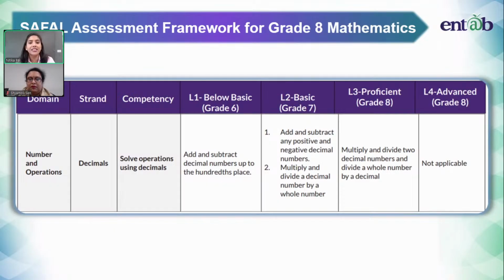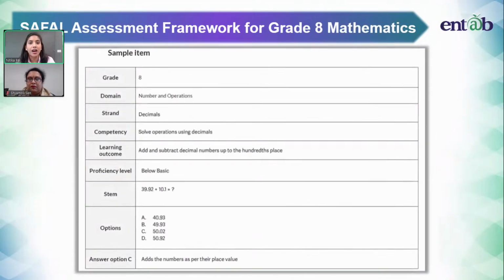Now let's look at a simple test item aligned with the same domain, strand, and competency. This particular example on your screen shows how SAFAL's framework links competencies, learning outcomes, and proficiency level to design meaningful and diagnostic questions. Now let's look at a few more examples from other subjects covered under SAFAL.